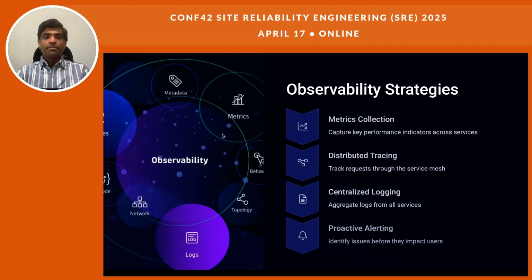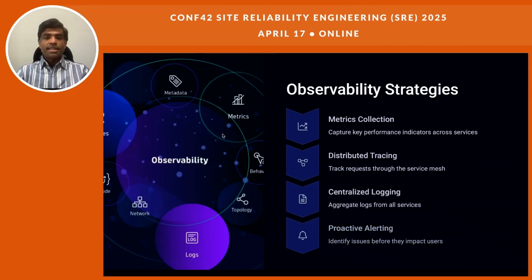Centralized logging enhances observability by aggregating all the logs from all the services into a single platform. Logs capture valuable information about events and errors. If you have centralized logging enabled, all of these logs can be captured in a single platform, thereby making troubleshooting easy.